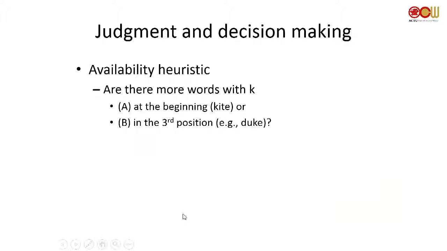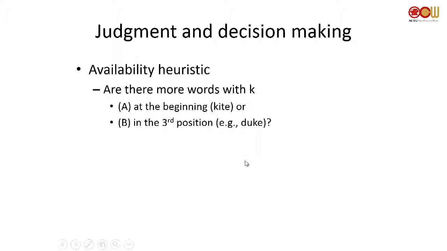they asked English speakers, probably Americans, to judge words with a K. The K could be in the beginning position, or it could be in the third position. In the beginning position is like the word kite. It starts with a K. But there are some other words where the K is in the third position, like Duke.